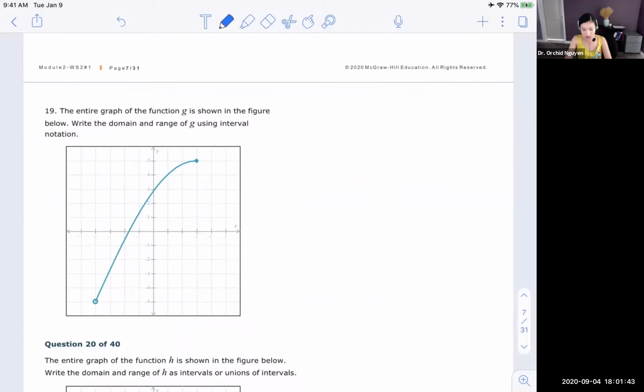This one right here, they're asking you for the domain and the range. For the domain, that's the x values, you look from left to right. For the range, you look from down, up. So from the bottom and go up. The domain in this case, since I'm looking from left to right, is going to be -4, and we stop at 3.